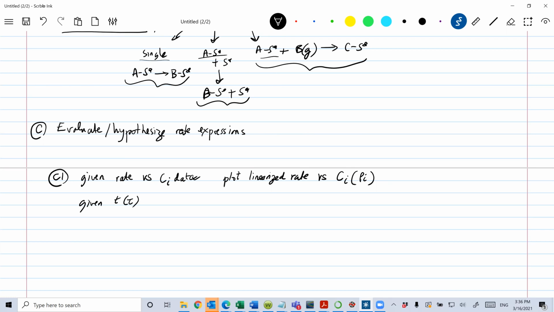Now if you're given time or space-time versus C_i data, you can do two things.